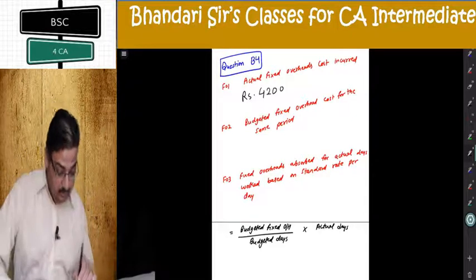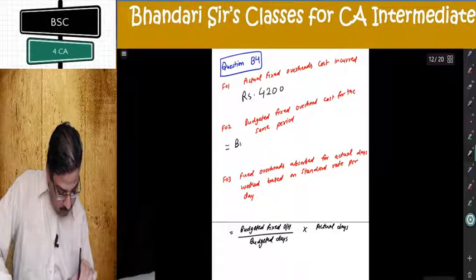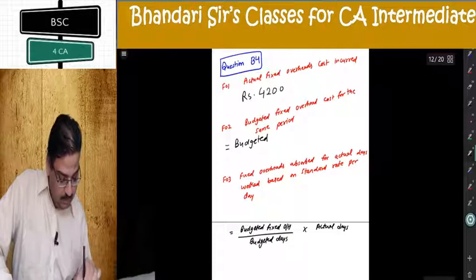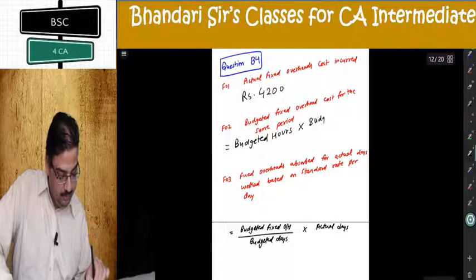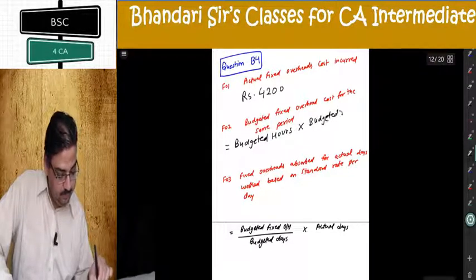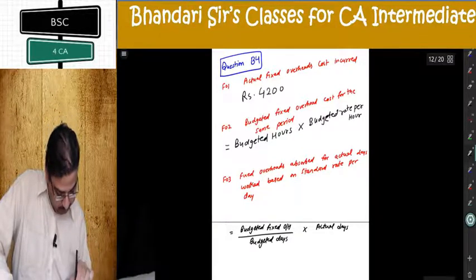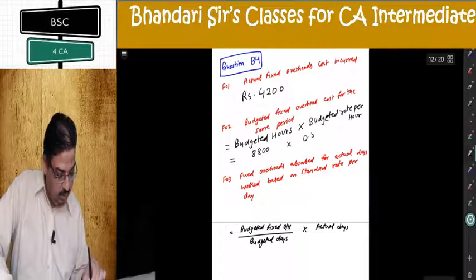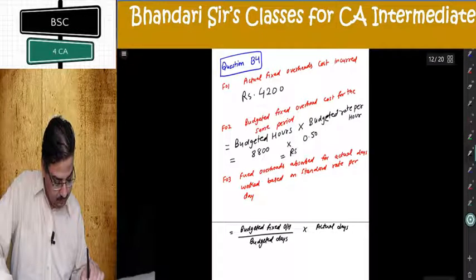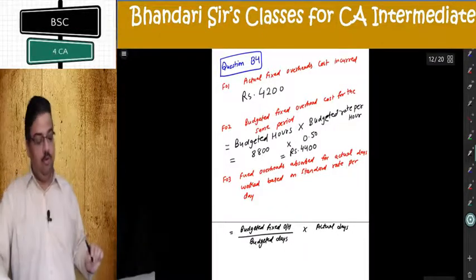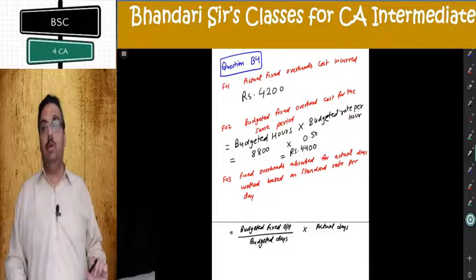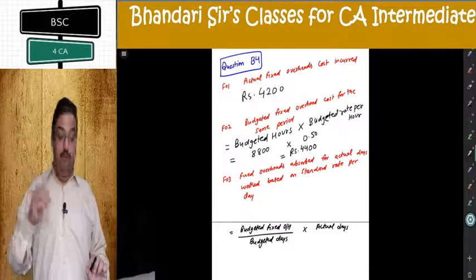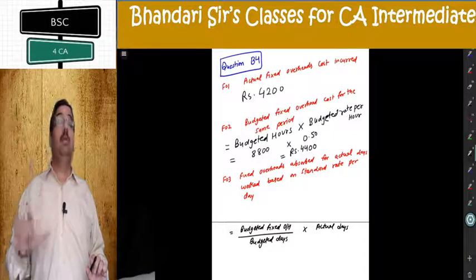So this is computed as budgeted hours multiplied by budgeted rate per hour, 8800 multiplied by 0.50. This becomes rupees 4400. And this is a very important figure because in FO4 also, FO3 also, this figure will be required.